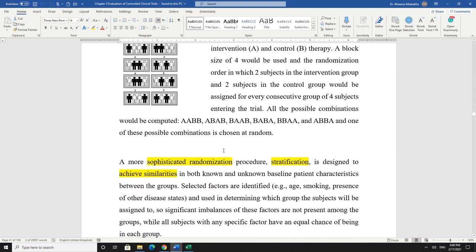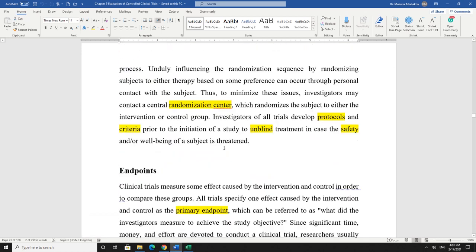In order to have the same number of subjects in each group, we need the block design, to distribute and to make the risk factors balanced. In this case, we need stratification. So stratification and block design will ensure these things.